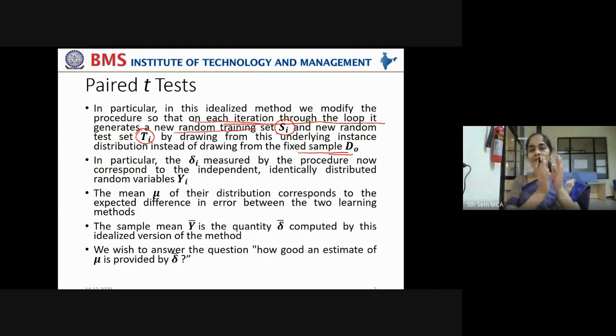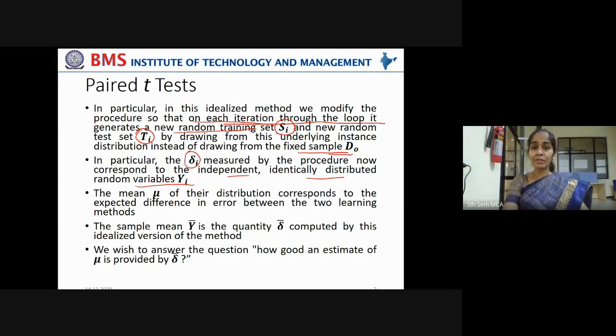So what we did is we already have D naught on which we performed cross validation. Now let us draw a different sample from which again we select the training set and test set. Now, in particular, the delta i measured by the procedure now correspond to the independent identically distributed random variables yi. Now, what is this delta i?